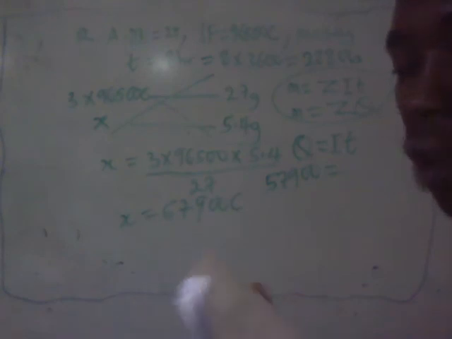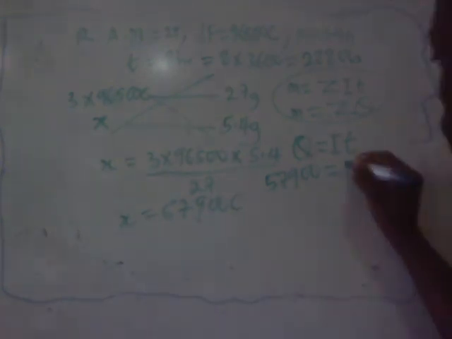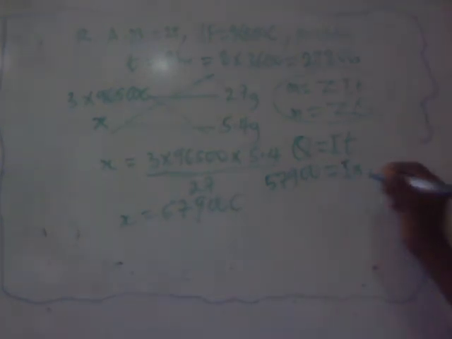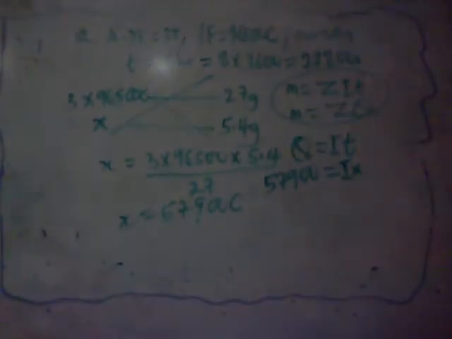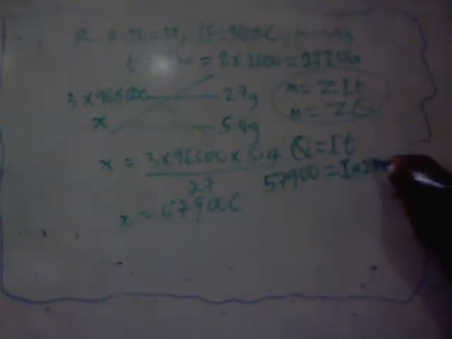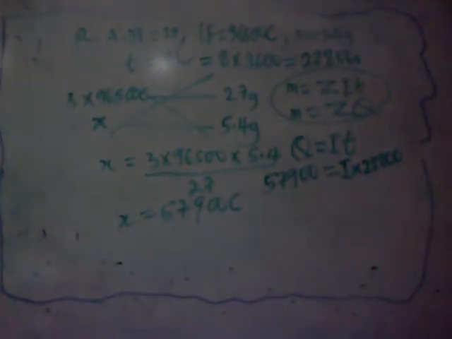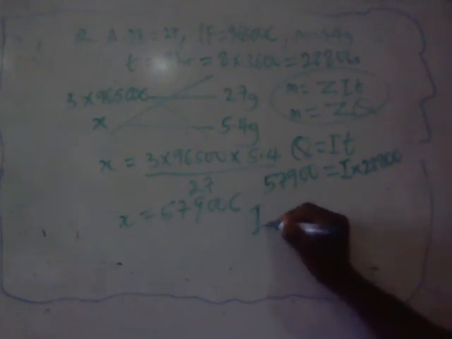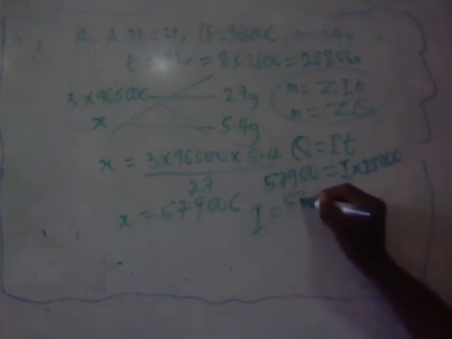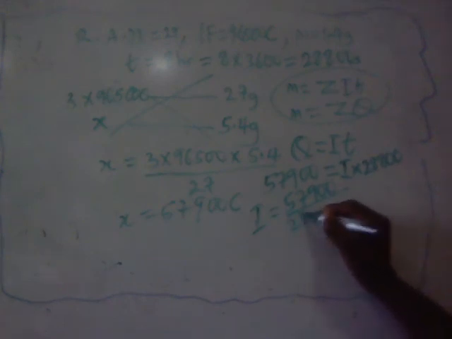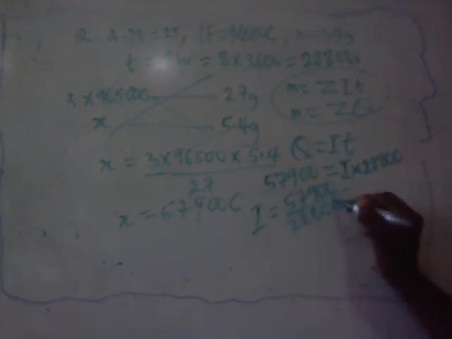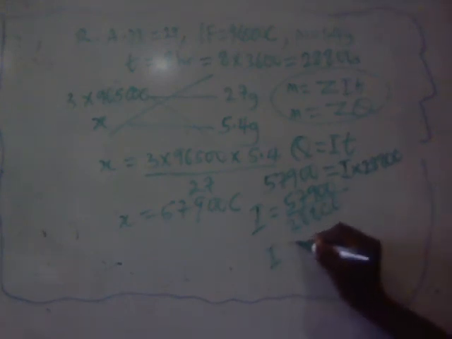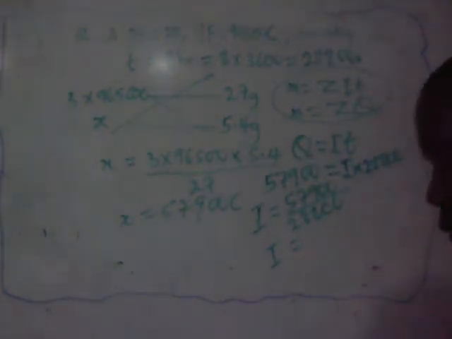We're looking for current, I, multiplied by T. Our time in seconds is 28800. Making I the subject, I becomes 57900 divided by 28800.